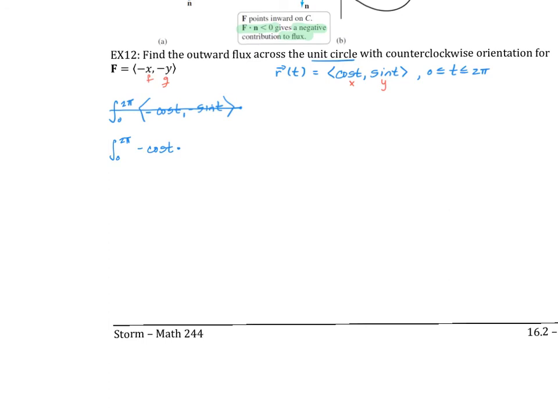Y is sine, going back to r, so the derivative is cosine. Minus g, which is negative y, so that would be a negative sign. So I'm going to write a plus sign, times the derivative of x, which is negative sine.